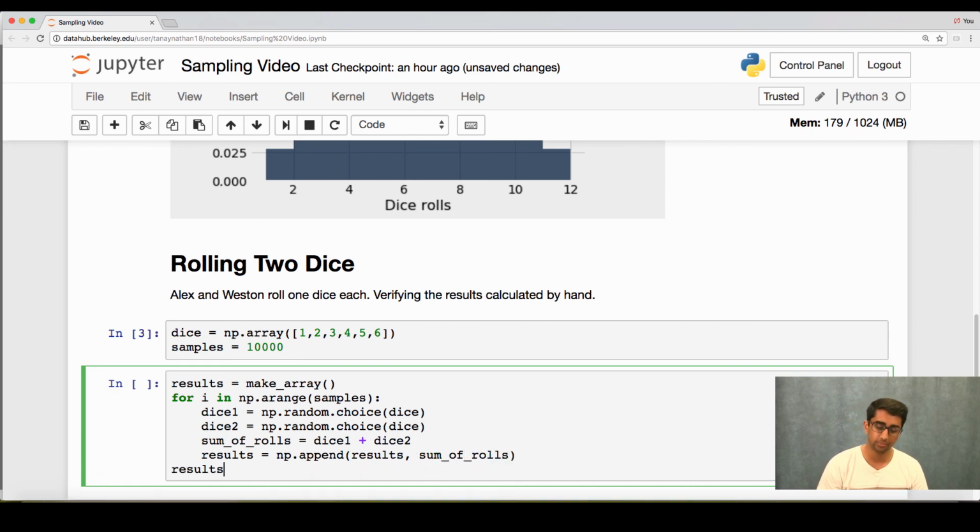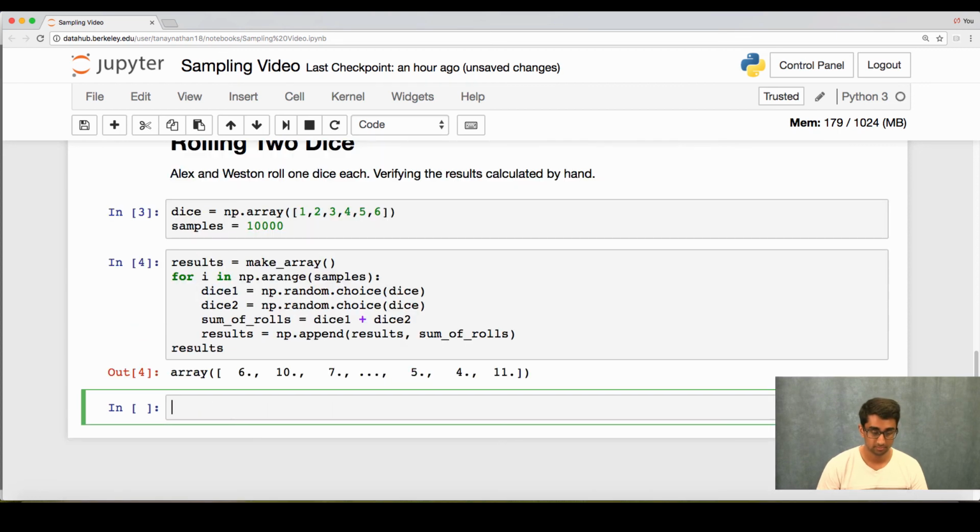And we can take a little peek into our results. In terms of the preview we get, those look pretty good to us. We have 6, 10, 7, 5, 4, 11. In terms of what we saw in our table, those all exist. So we can say initially that this looks fine. Now we can put this into a table and start graphing stuff out.